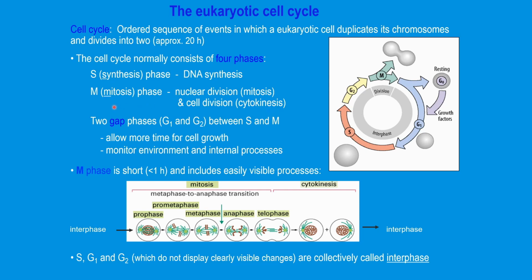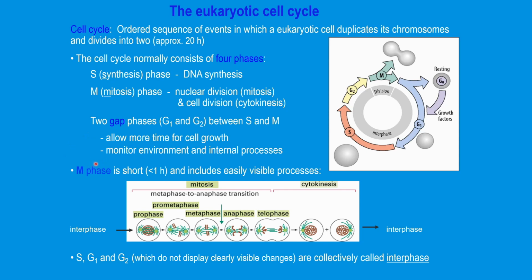We have 2 gap phases called G1 and G2 between S and M, and these phases are to allow more time for cell growth, but they also monitor the environment and check the DNA integrity and other internal processes.